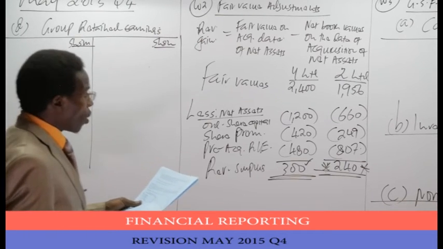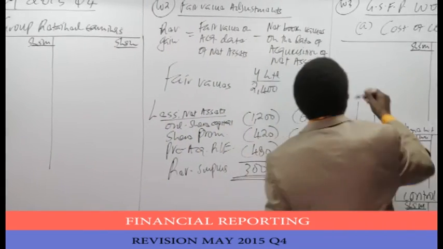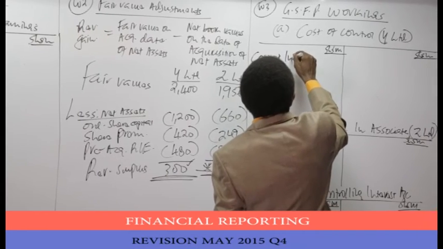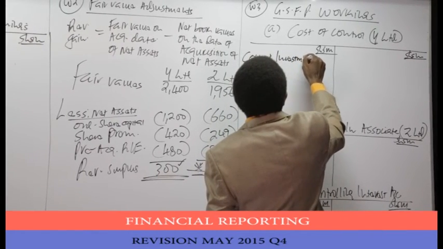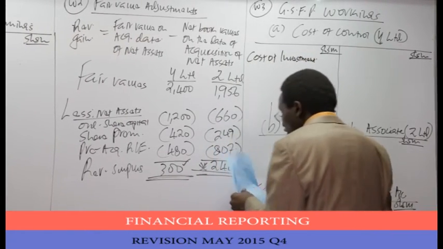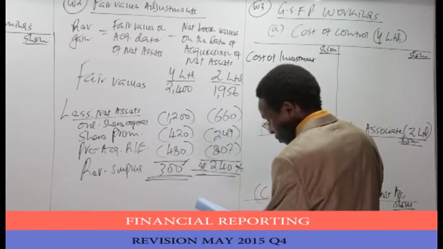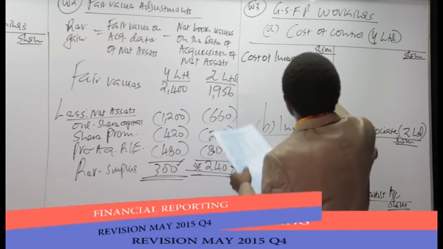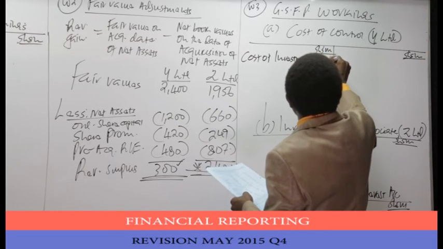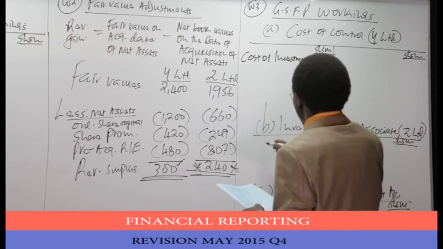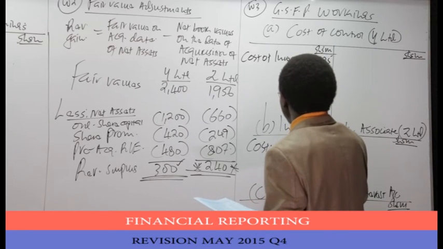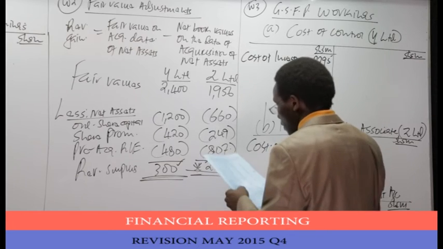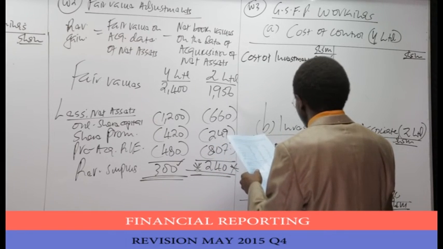Okay, fine. Now we start with the purchase consideration, the cost of investment. The purchase consideration in Y is given as 2295. The cost of investment in Z is 609.